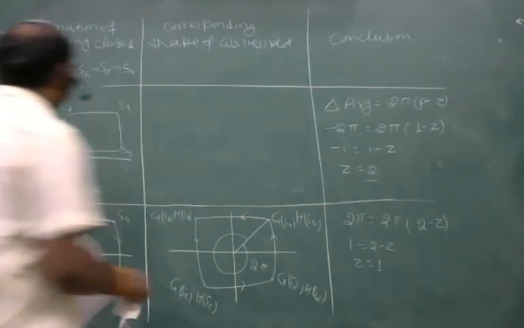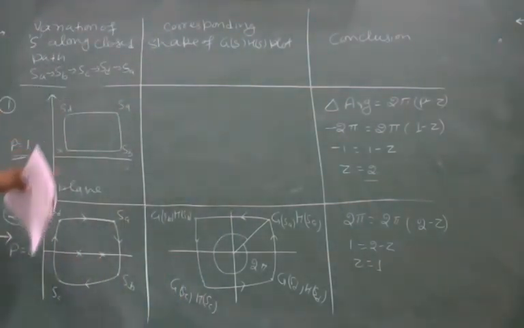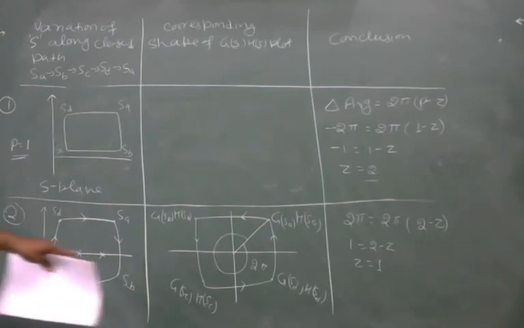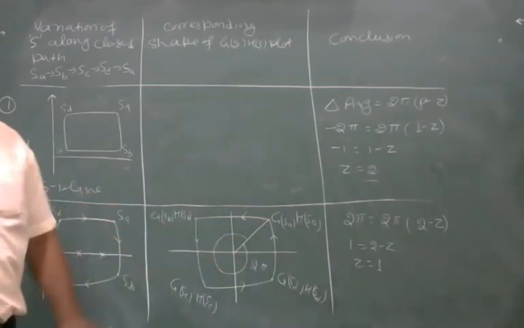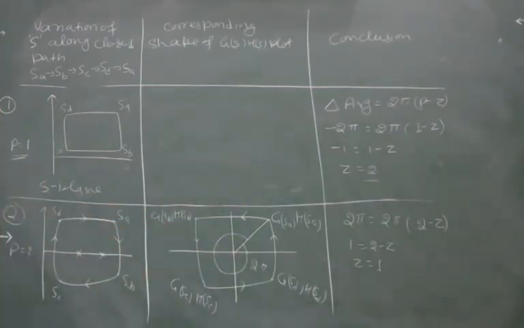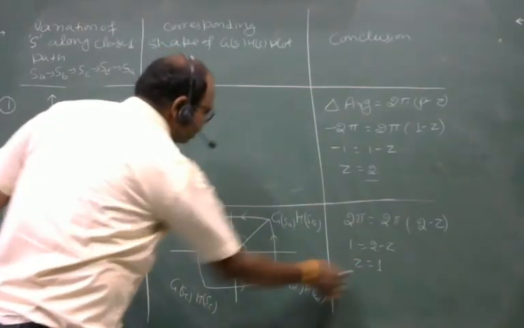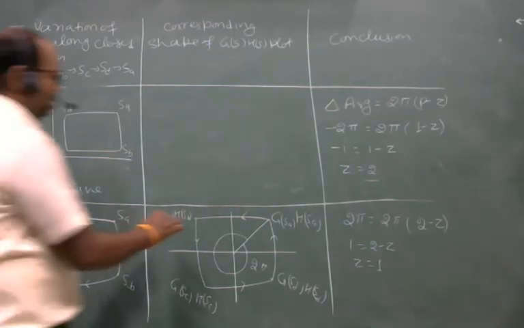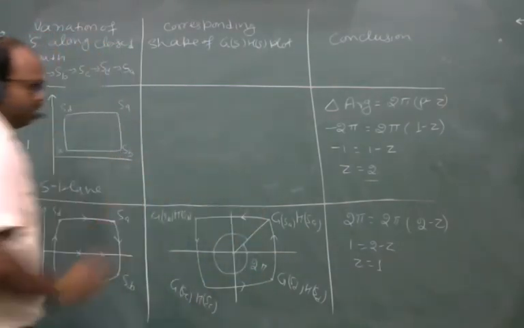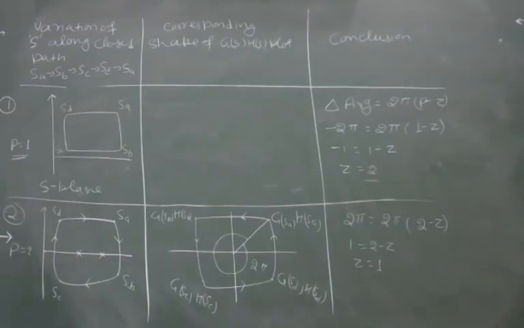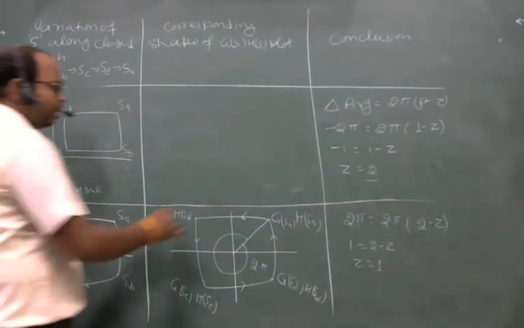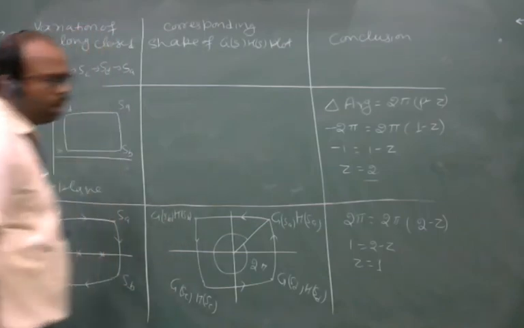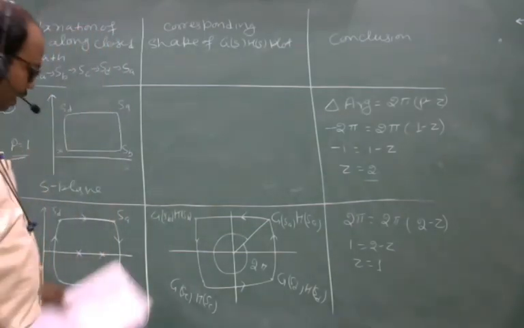It doesn't mean that if this situation is there, the diagram in the GsHs plane will be like this. It means if this is given in the s domain and if there is one zero included in this closed path, then this will be the diagram in the GsHs plane. Or if this diagram is given and this diagram is given, then Z will be 1.